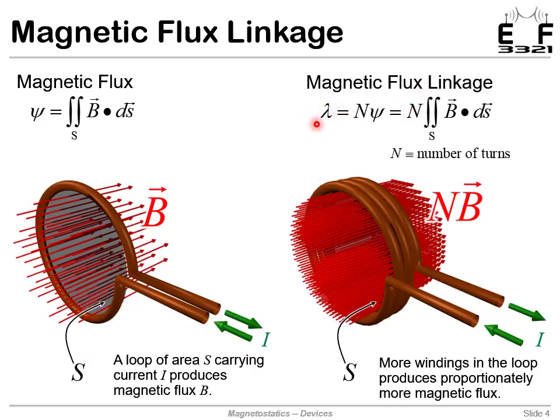So magnetic flux linkage is really the same thing as magnetic flux, but it accounts for having multiple turns. So the flux linkage, which is the symbol lambda, is the number of turns times the magnetic flux for a single loop.